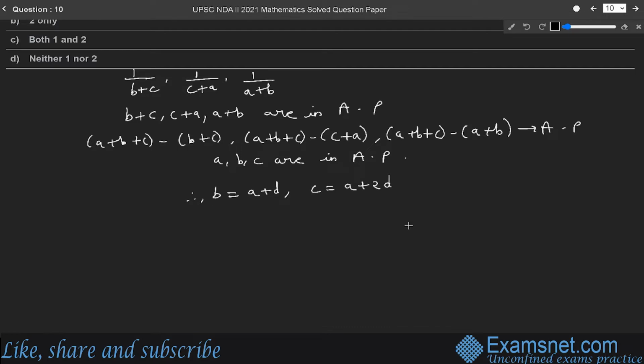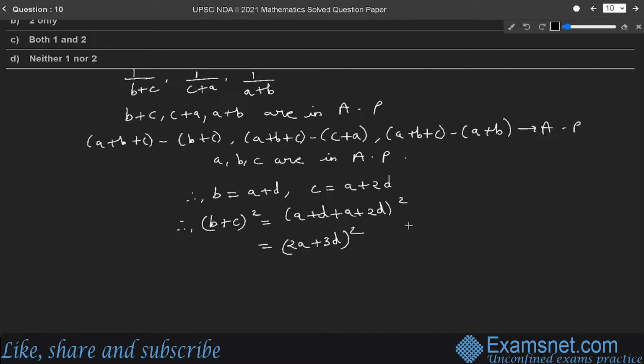Therefore, we can get the value for B plus C whole square. B plus C whole square will be A plus D plus A plus 2D whole square, which will be 2A plus 3D whole square. This is the value for B plus C whole square.